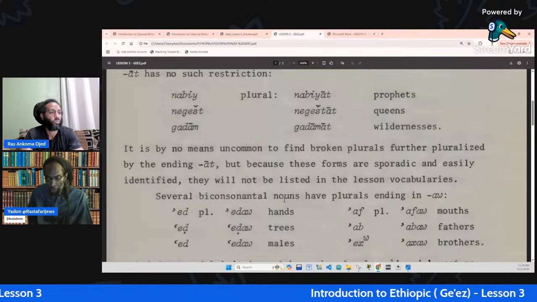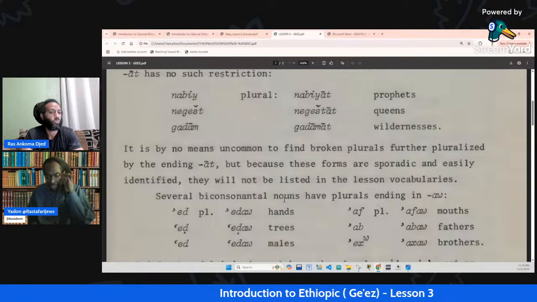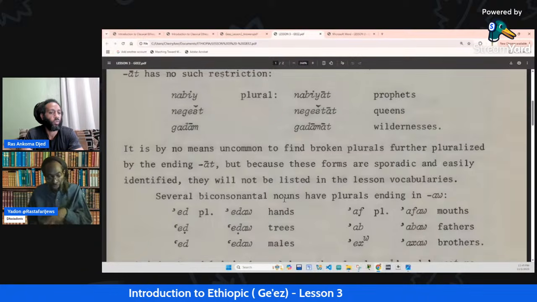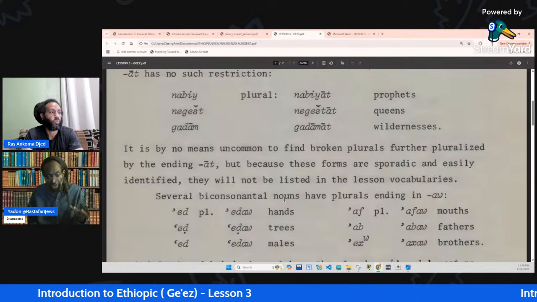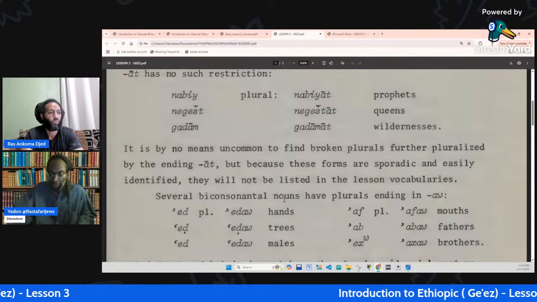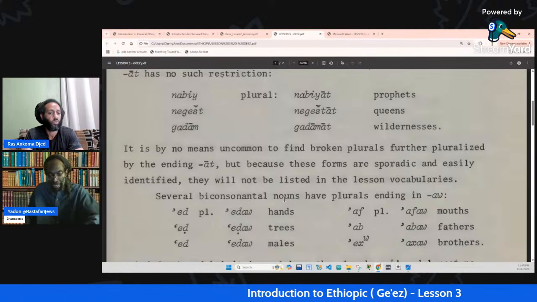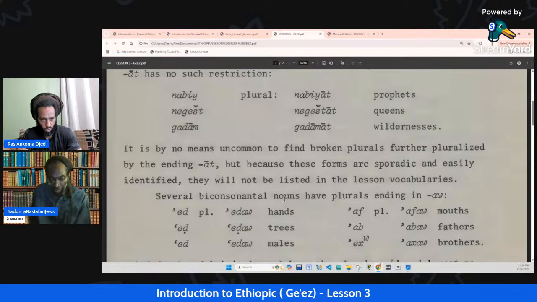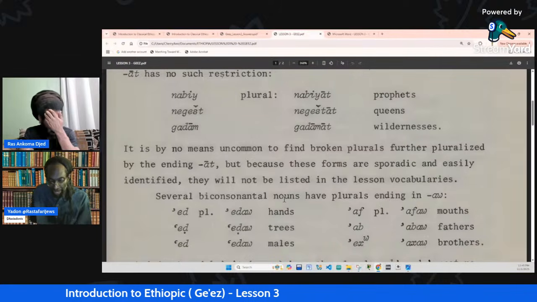Then for a wilderness, in some sense, sometimes this word also refers to a monastery, because a monastery is usually secluded in some place. Think about the whole of Mount Sinai, that was like a monastery. But anyway, we have Gedam.